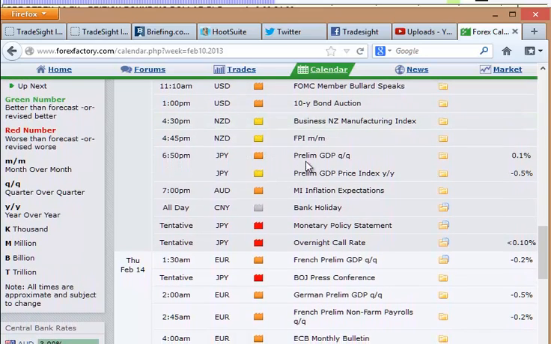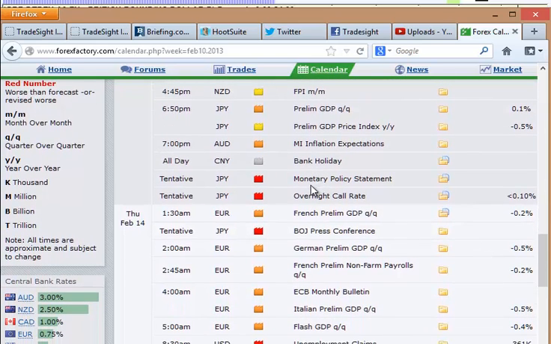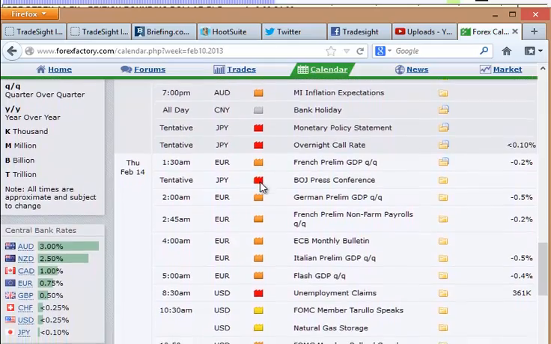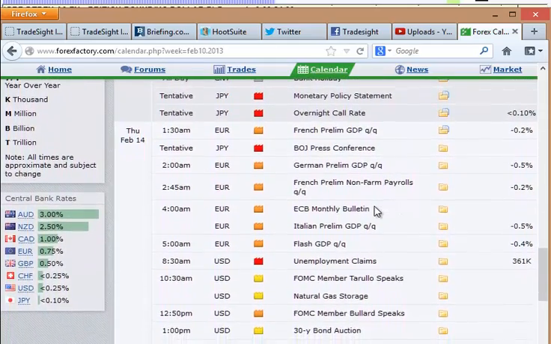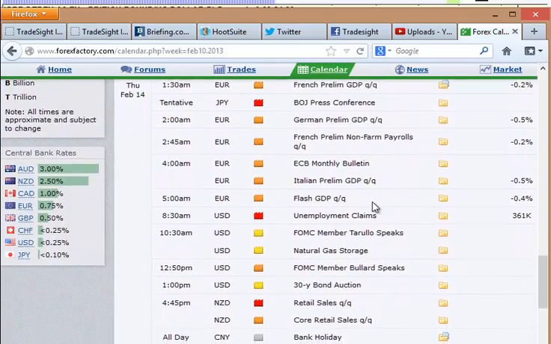New Zealand's got a couple of numbers, the FPI and the business manufacturing index. Japan's got their preliminary GDP. We could move the yen around, but we don't trade the yen a ton, so it shouldn't have much impact. We've got the Bank of Japan's rate announcement going into Thursday and their press conference Thursday in the early hours. German preliminary GDP, French preliminary non-farm payrolls data.